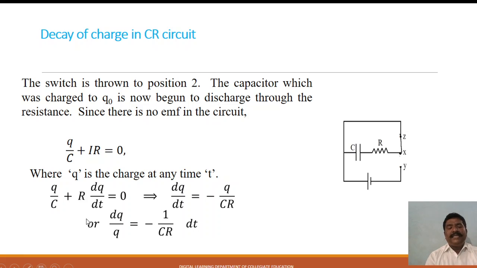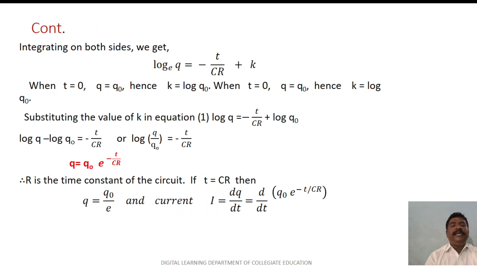Simplifying, taking the dQ terms on one side and minus 1 by CR into dt on the other side, we have dQ by Q equals minus 1 divided by CR into dt. Now we can integrate both sides.